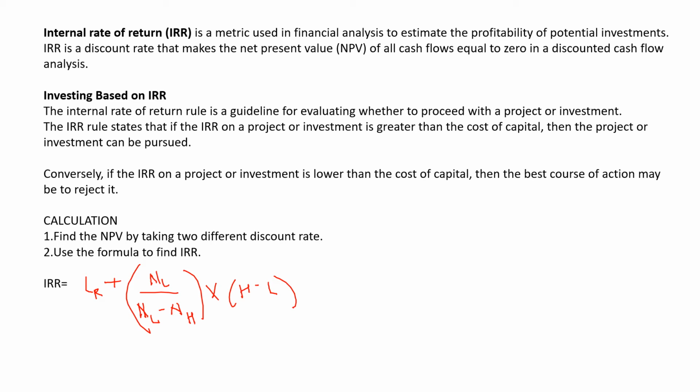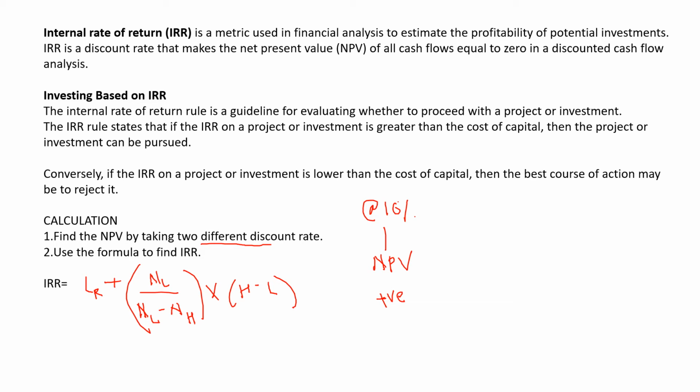Understood? So let me again make it clear. See how we'll be calculating. First we will be taking two different discount rates. We will first assume any one discount rate, say 10%. Say this time our NPV of the project turns out to be positive.